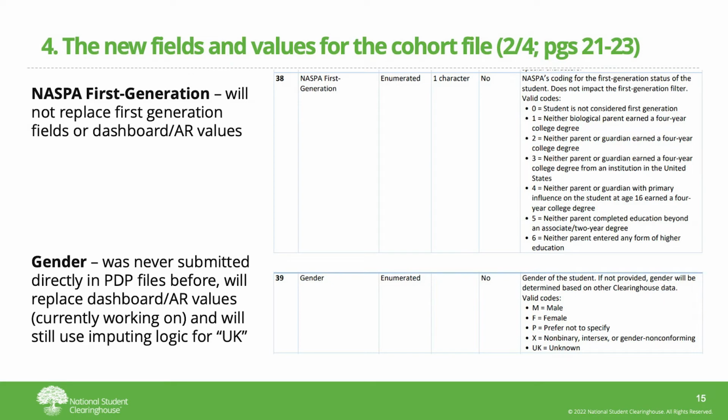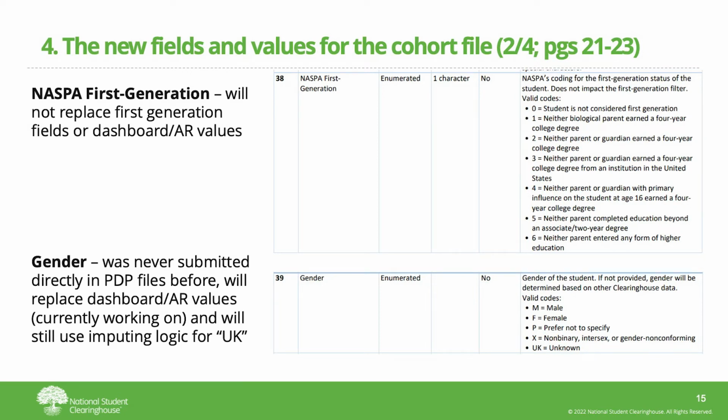So this is going to be separate from that first gen field that we already have within the files that you actually upload. So I do want to acknowledge that this field is not going to actually replace the first gen output that we already provide on the dashboard and AR values. It will be provided as a separate column, but it will not replace that.